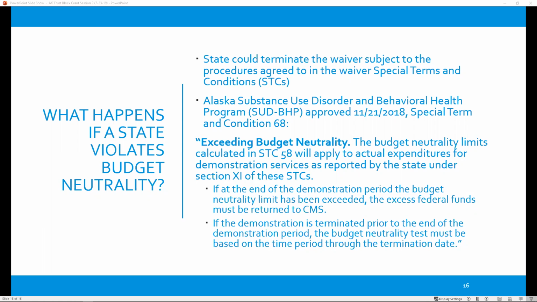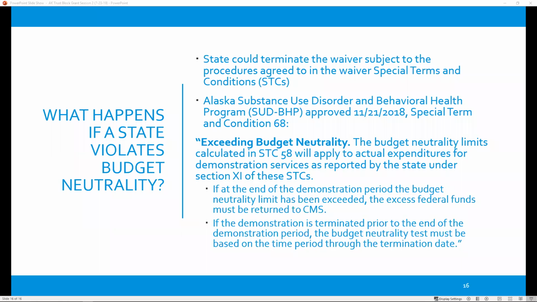Typically, as I said earlier, the federal funds are going to continue to flow. Federal dollars are drawn down on a quarterly basis, so you're looking quarter by quarter. The federal government will not cut you off quarter by quarter because budget neutrality is over the 5-year period of the waiver, right?